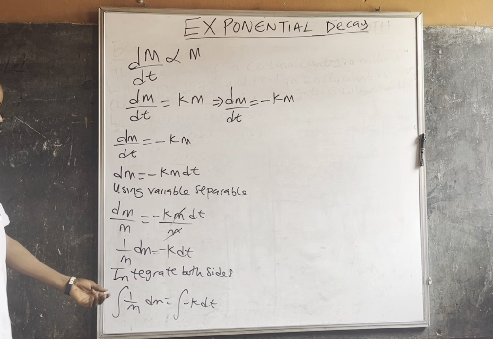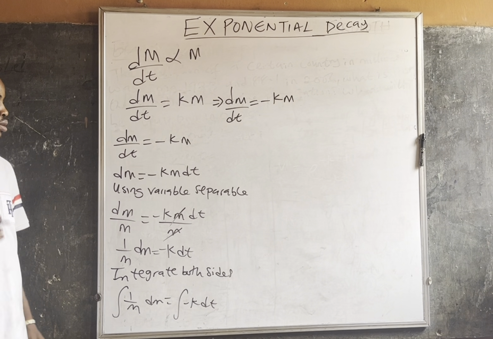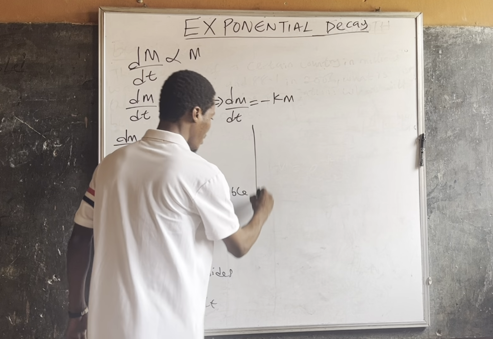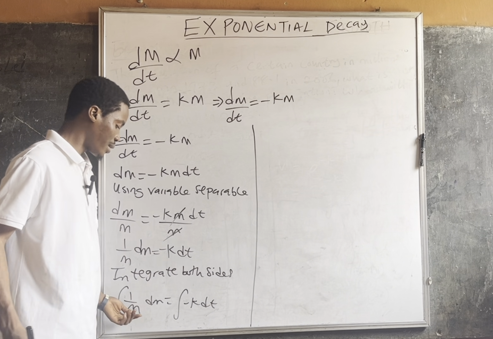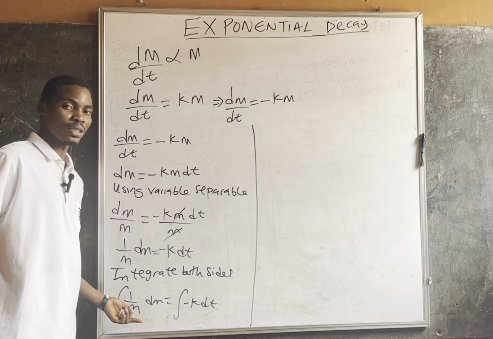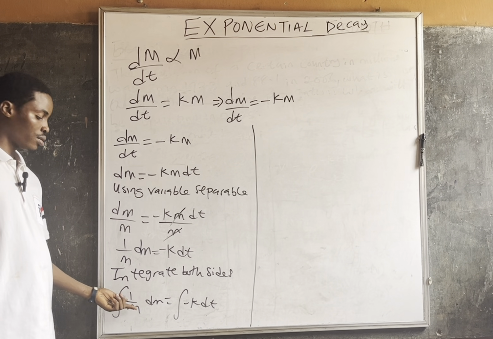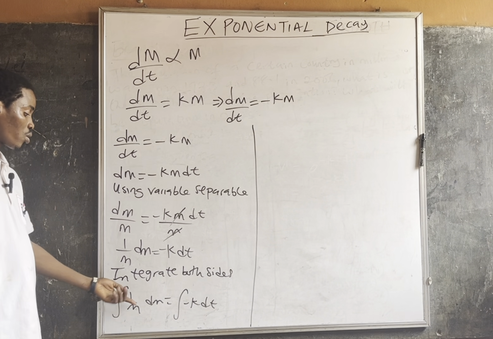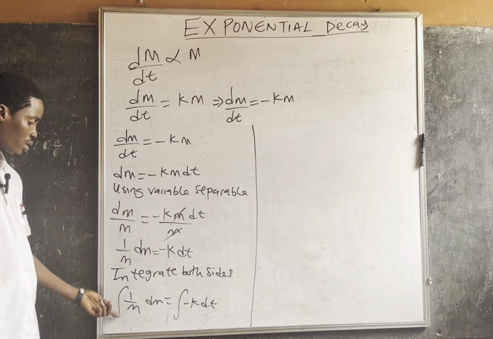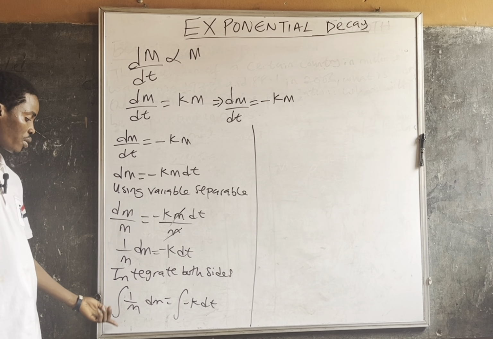If we integrate 1 over m, we are going to get ln m. This is a standard integral, an indefinite integral. We cannot call this one a definite integral because there is no boundary. We don't have a boundary point.